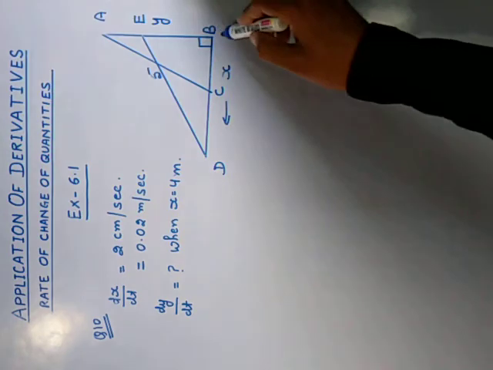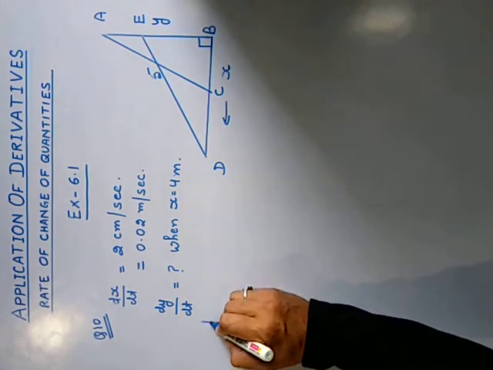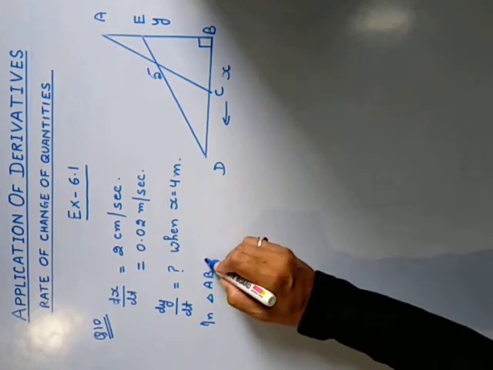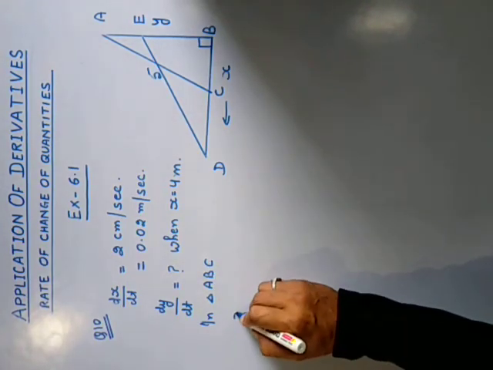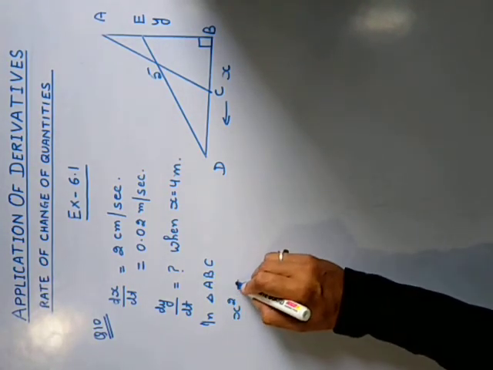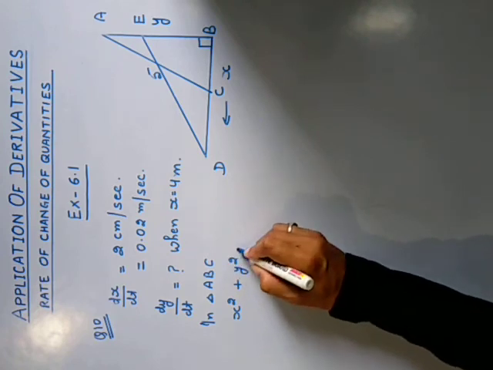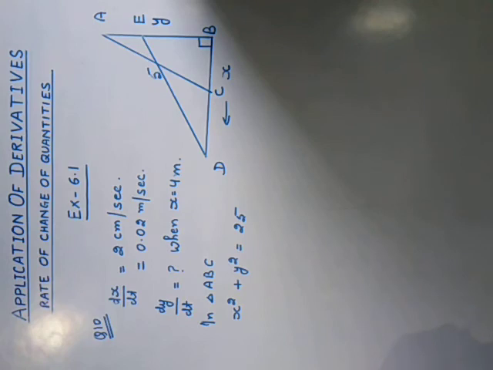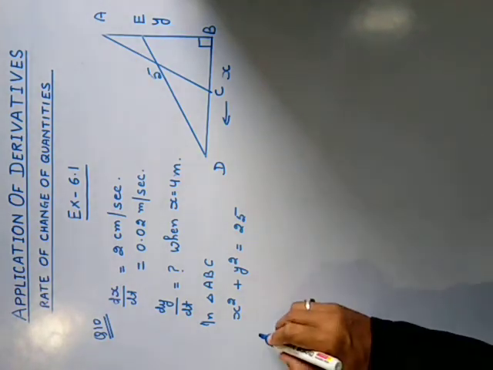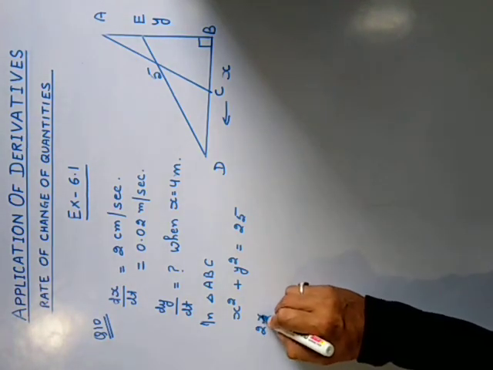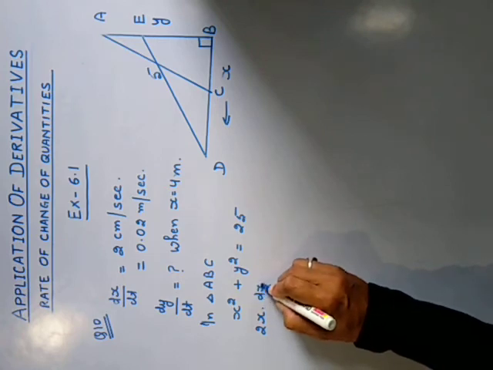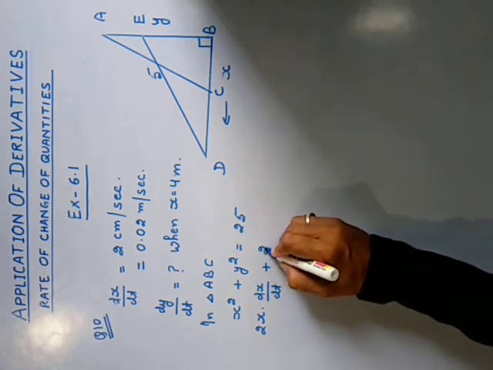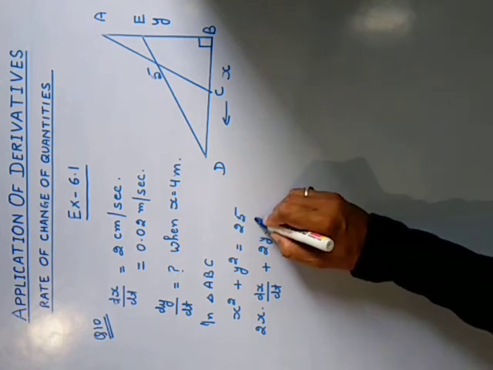Now in triangle ABC, we can apply the Pythagoras theorem. So x square plus y square equals 5 square, that is 25. Differentiating with respect to t, we get 2x dx over dt plus 2y dy over dt.